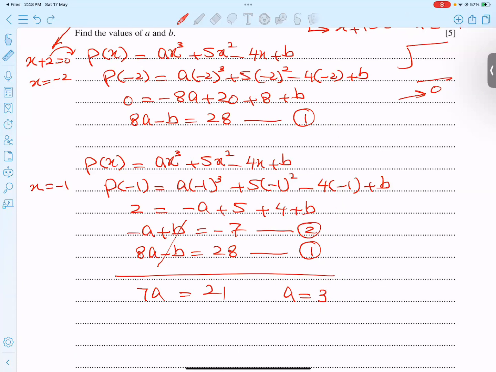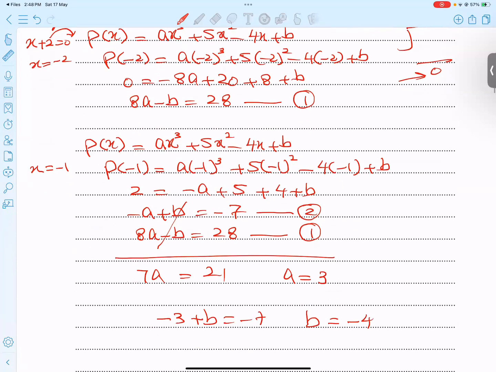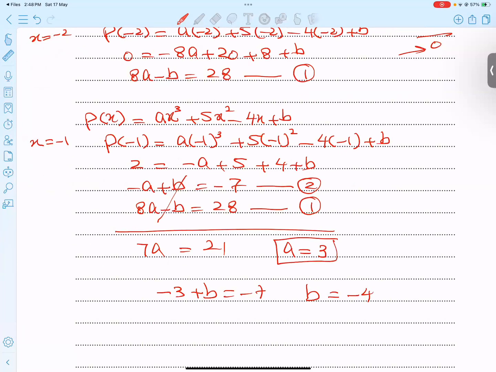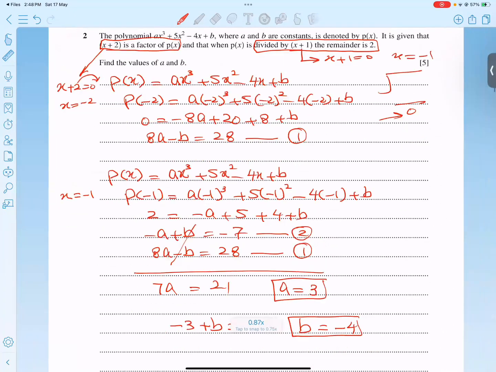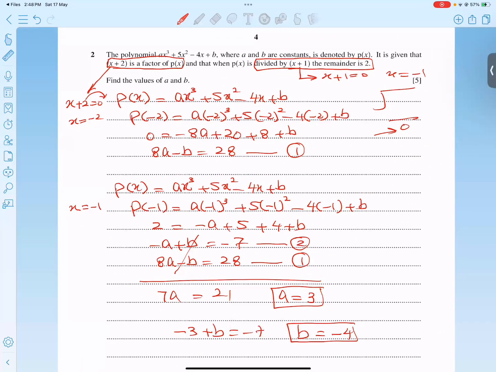I plug in 2. So negative 3b is equal to negative 7, and b becomes negative 4. So Alhamdulillah Rabbil Alameen. He was asking us to get the values of a and b, and we have done it. And question 2 is done.